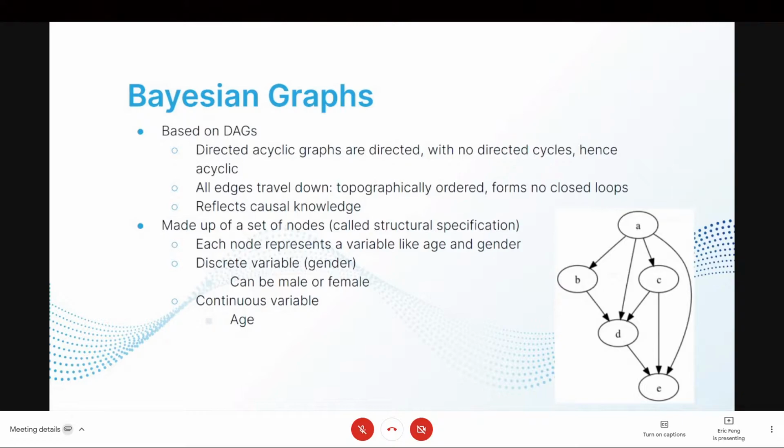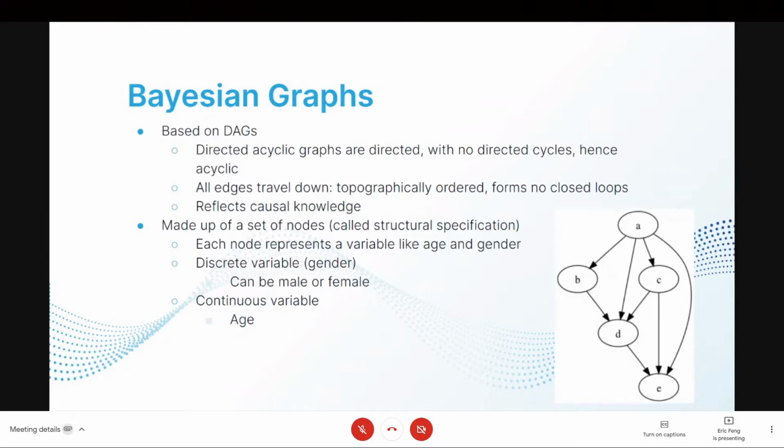All edges travel down, so they're topologically ordered, and they form no loops, as we said before. Bayesian graphs should also reflect knowledge that can be easily interpreted, like the diseases and symptoms, which can be understood just by seeing it.